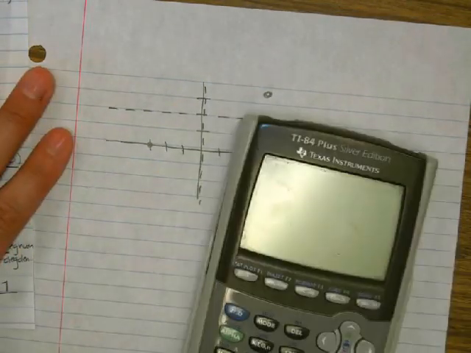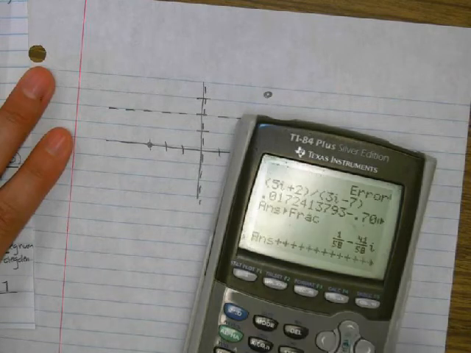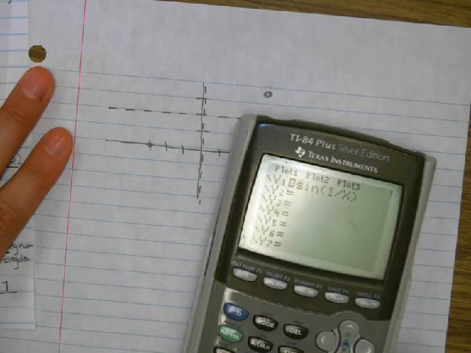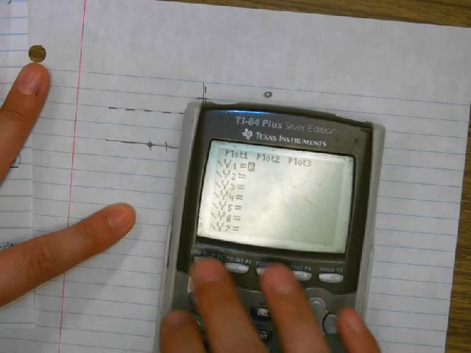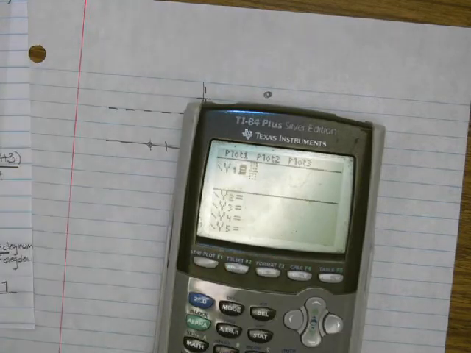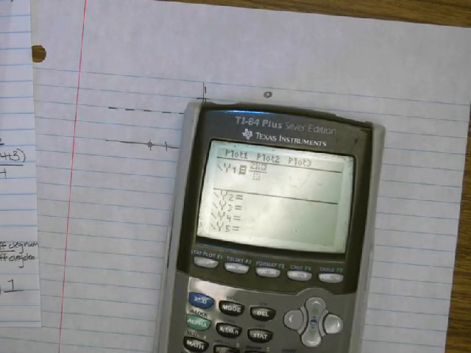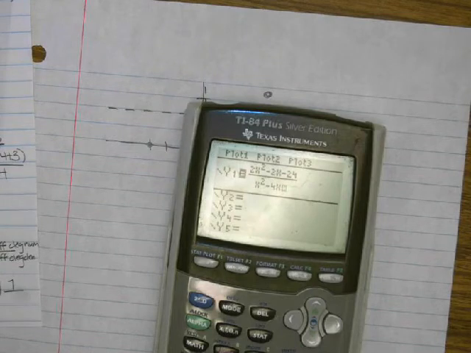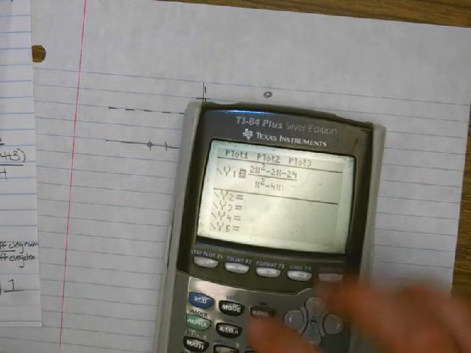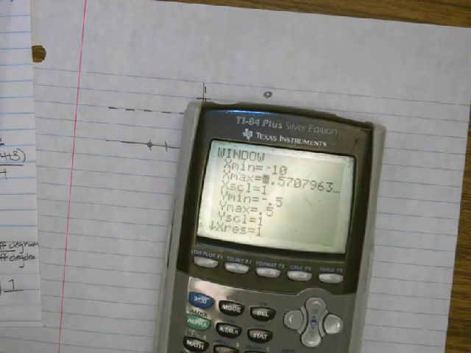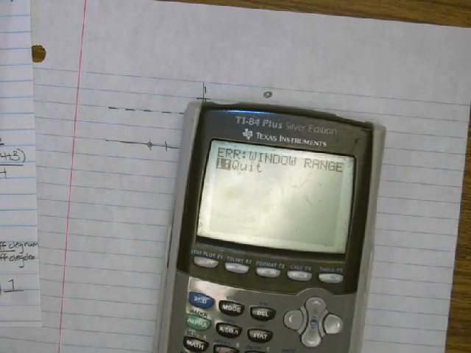So I'm going to go ahead and type this in on my calculator. I have 2x squared minus 2x minus 24 divided by x squared minus 4x. And I'm going to go ahead and set my window back to normal here.